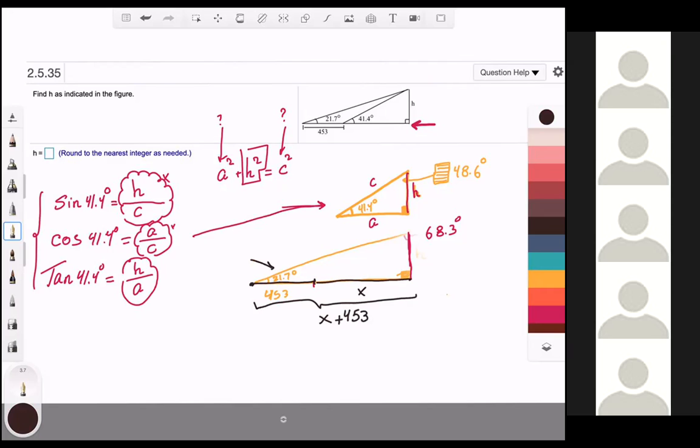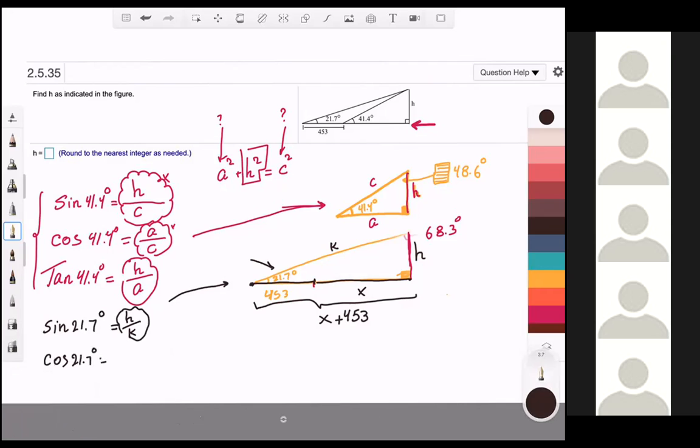If I write sine of 21.7 degrees on this triangle, it will be opposite H over the K. H over K. We have two unknowns. If I write cosine of 21.7 degrees, it will be X plus 453 over K, adjacent over hypotenuse.